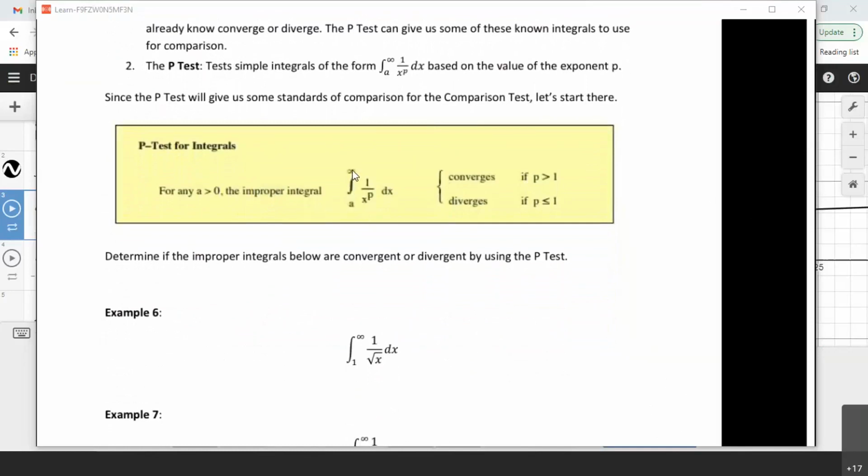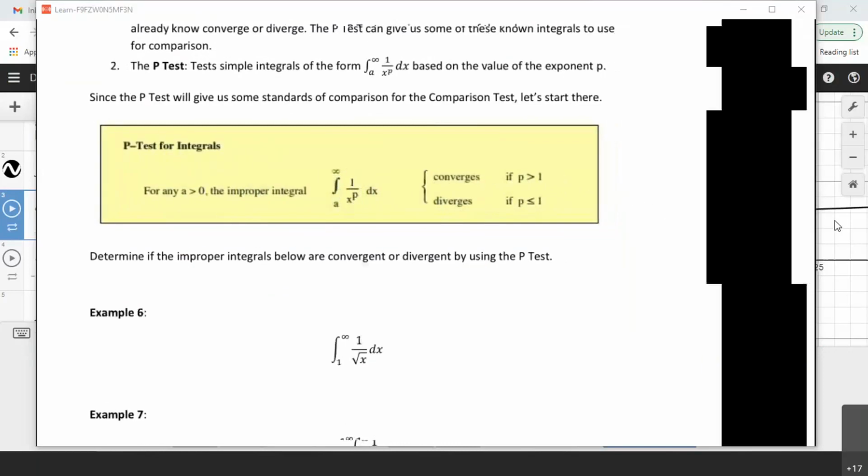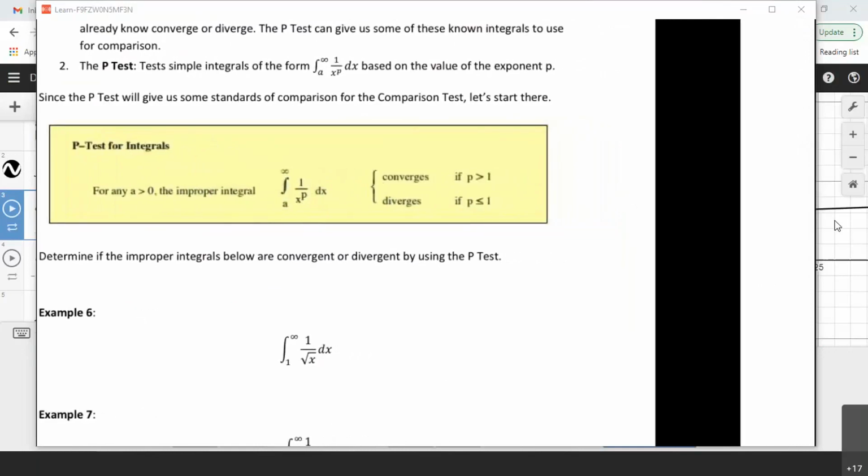If I have an integral with an infinite upper bound, and I have 1 over x to the p, it's going to converge as long as p is greater than 1. So if this is squared, cubed, absolutely.